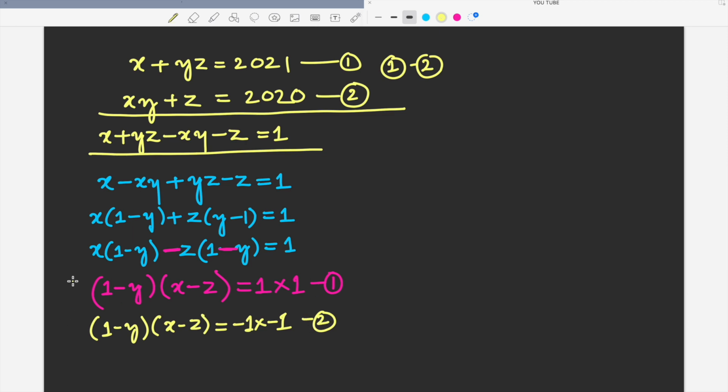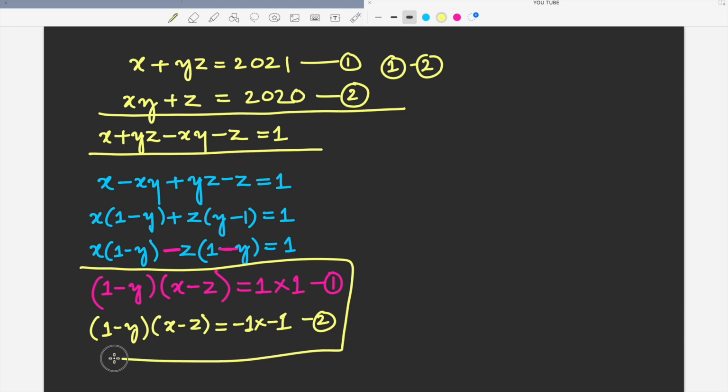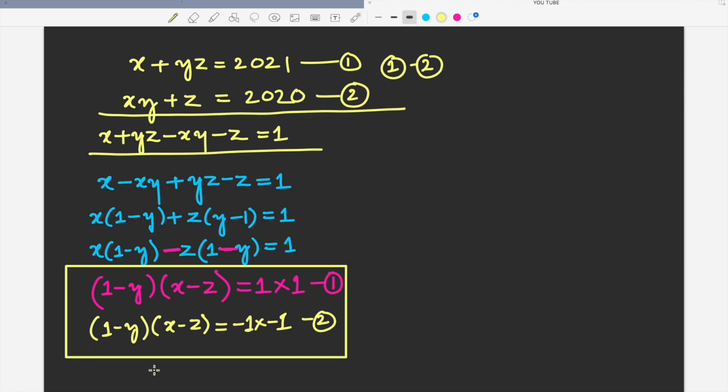So these are the two solutions we have got from this equation. Then we substitute those values and we'll figure out the rest, right? So this is our main agenda here. So let's solve this equation.